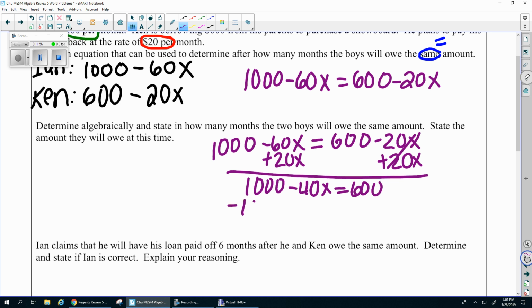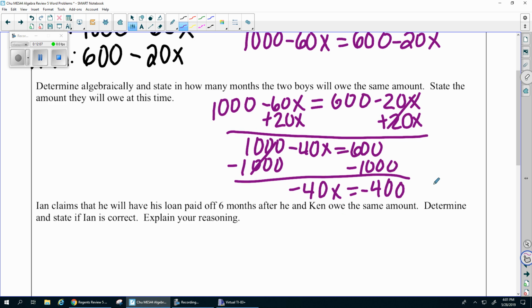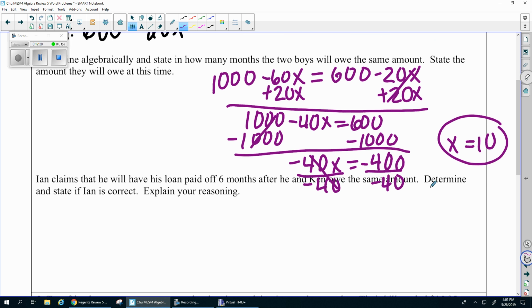I'm going to take away 1,000 from both sides. And I get negative 40x equals negative 400. And then last but not least, let's divide by negative 40. So I get x is equal to 10. So in 10 months, they will owe the same amount of money.